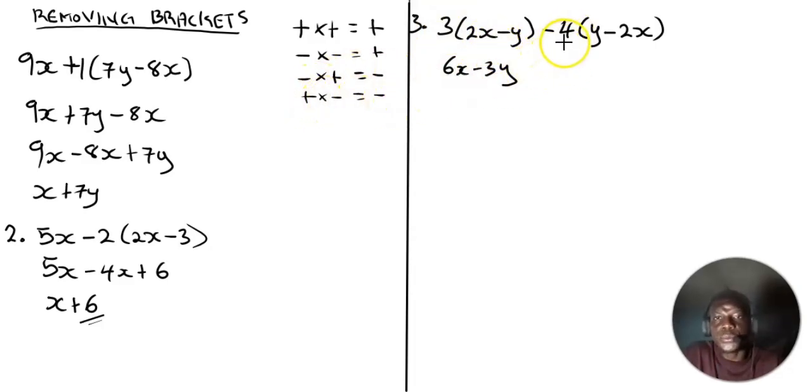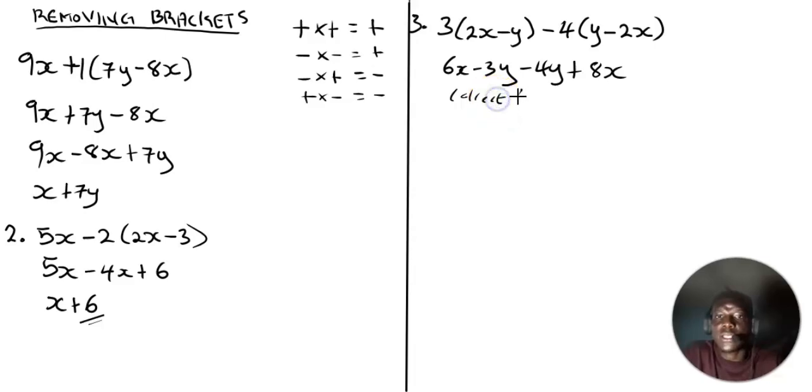So beginning now, you have minus 4 times y is going to give you minus 4y. Then minus 4 times minus 2x, minus times minus will give you plus. So you have plus 4 times 2 will give you 8x. So after this, you collect like terms.